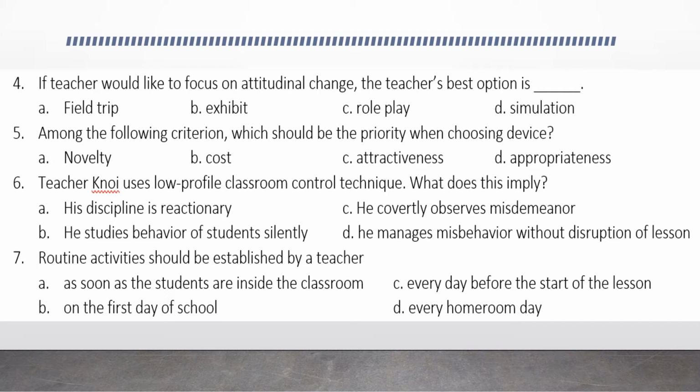In choosing a teaching device, you must also consider if this device is appropriate to your lesson, or appropriate to the students, or appropriate to the classroom setup. So this is the very important criterion that must be considered in choosing a teaching device.